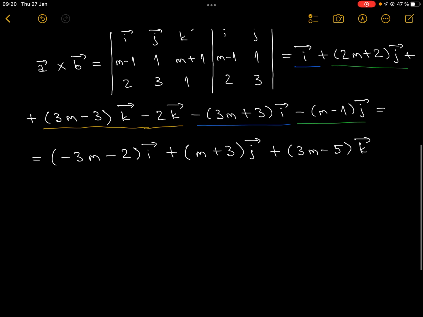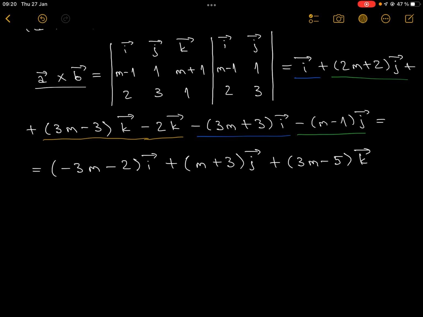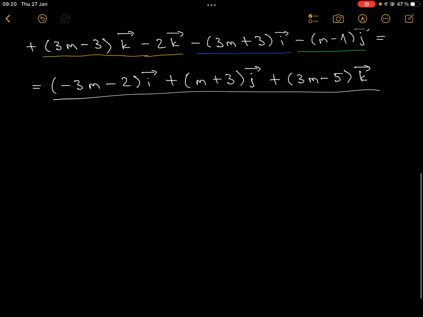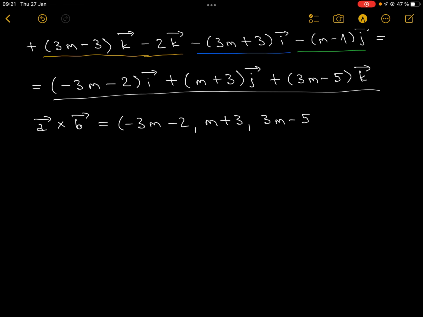Okay, now, so that's our cross product of vectors a and b. So a cross product b is equal to (minus 3m minus 2, m plus 3, 3m minus 5).